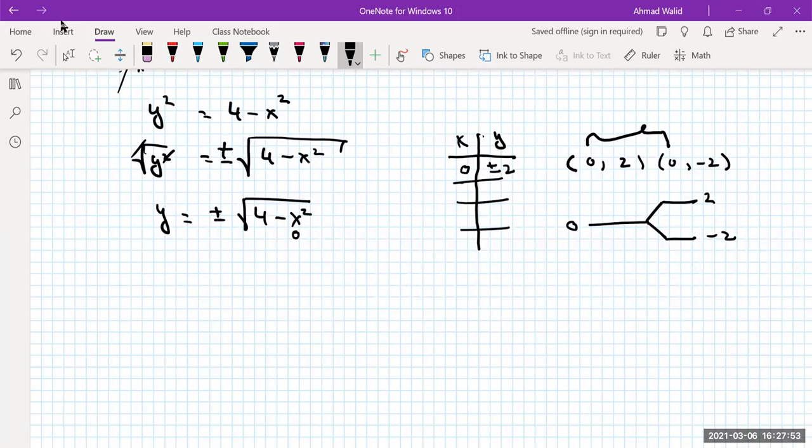Correct? Later, we will study how to determine if a graph given to you represents a function or not. We will do it later, but still in section 2.1. It's really a long lecture.